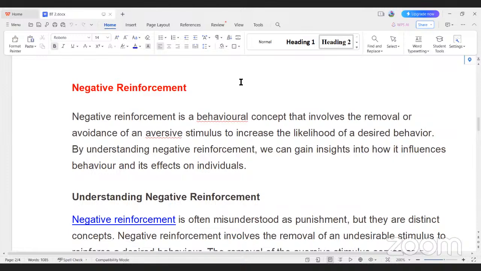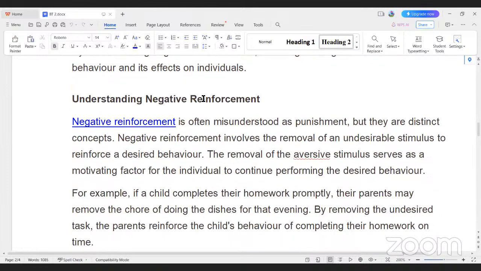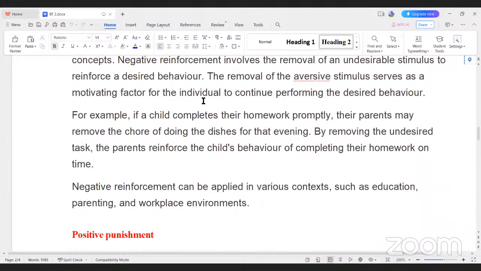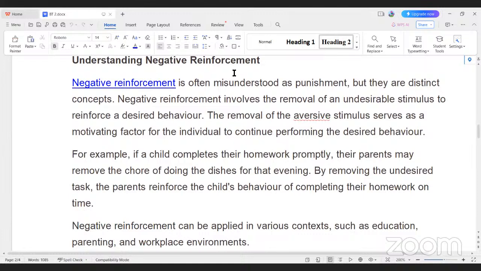An example is going to come, you see. For example, if a child completes their homework promptly, their parents may remove the chore of doing the dishes for that evening.